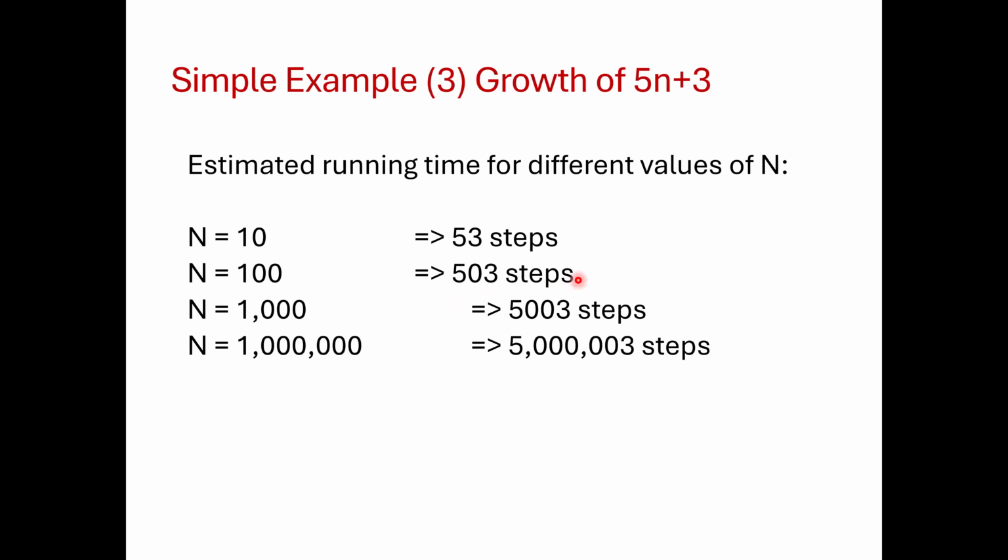So, given different values of n, we can roughly estimate the number of steps that algorithm will need to process those values. If n is any of these values, it's just substituting the value of n into that expression that we saw earlier, 5n plus 3, and calculating the number of steps that will be required. I hope you are following. Okay. All right.